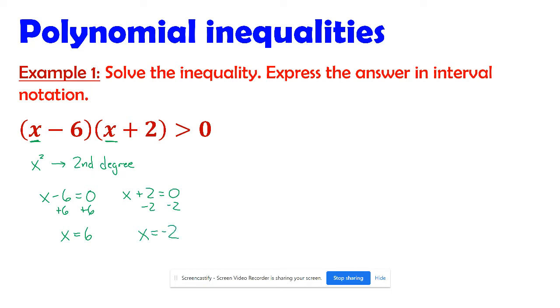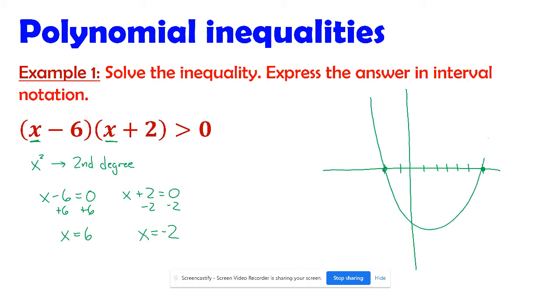If you think about the graph of this equation, x minus 6 times x plus 2 equals 0, the function would hit the x-axis, would have a root or a 0, at 6 and at negative 2. And it would be a parabola, so it's going to look something like this.